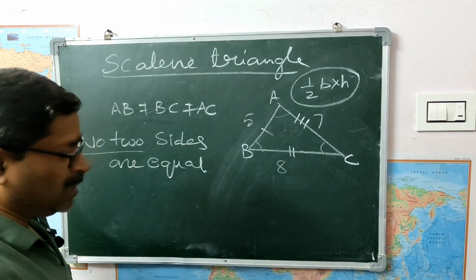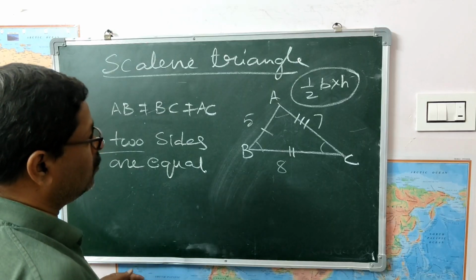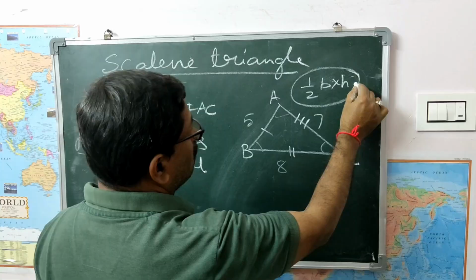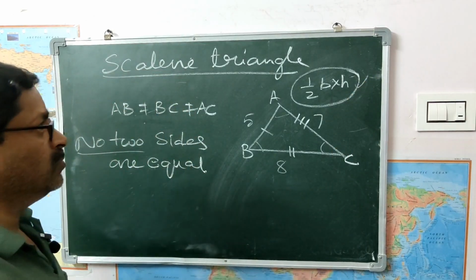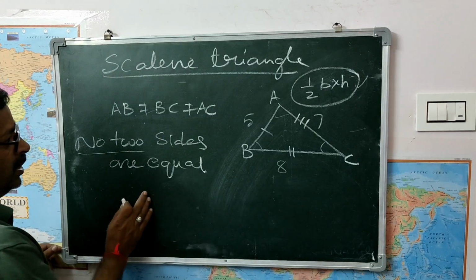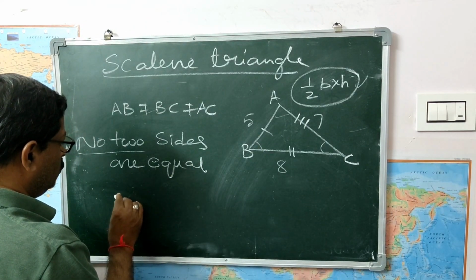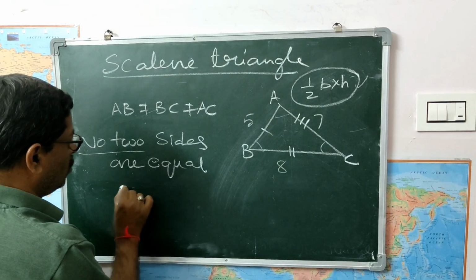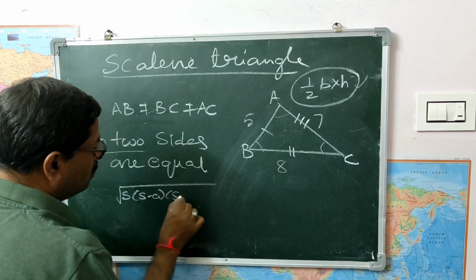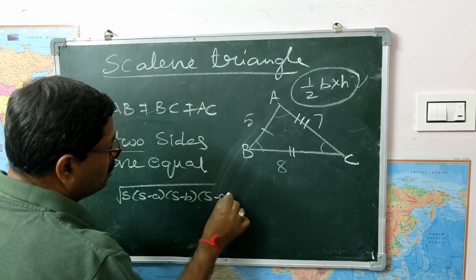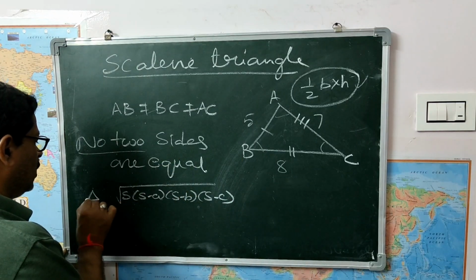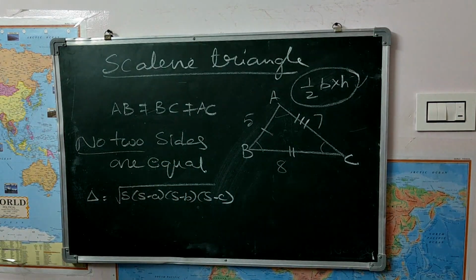In mensuration, we get this formula called Heron's formula to find the area of a triangle. It is applicable to all kinds of triangles. Remember, delta stands for the area of the triangle.